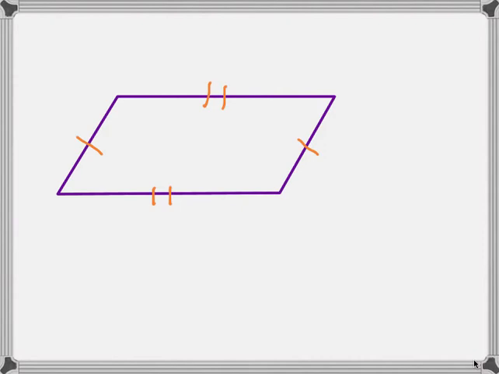Let's say the question is find x and y. Okay, angle x and angle y. And what I'm going to do is I'm just going to draw this out. I'm trying to think of a number here.